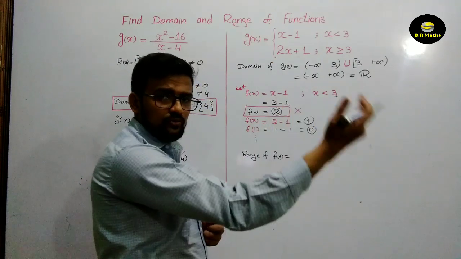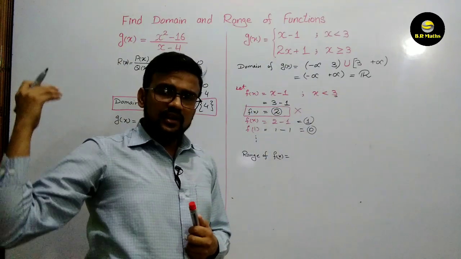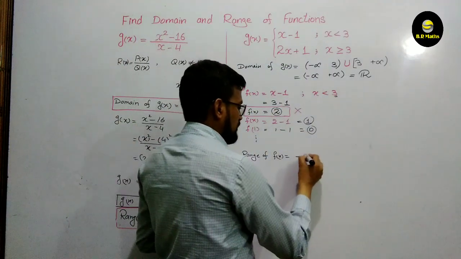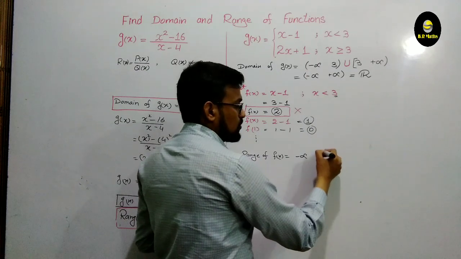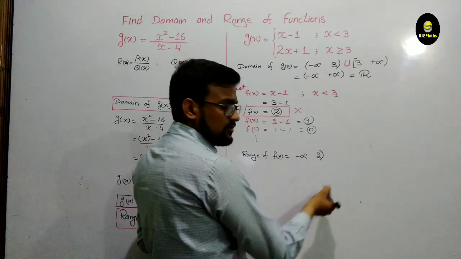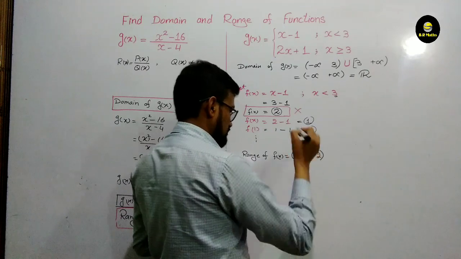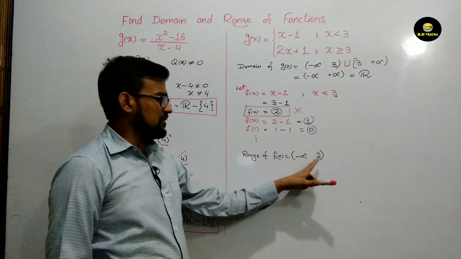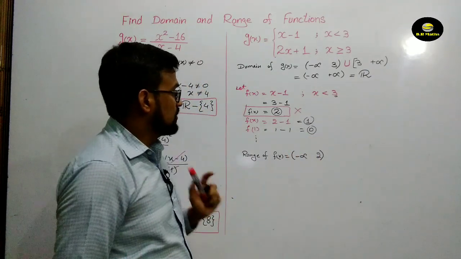But from 2 down to negative infinity, with 2 not included, therefore we use an open bracket at 2 and negative infinity.